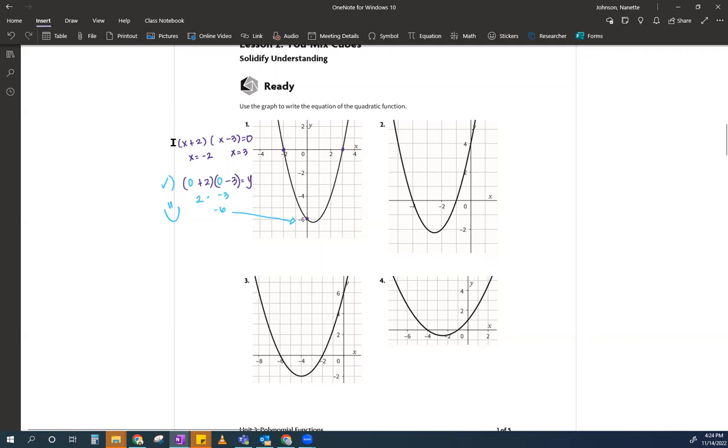The only thing I have to check is if my a is something other than 1. So now what I'll do is plug in this point 0, -6 to see if this works. And when I plugged in 0, I got out -6. So that's my function. Okay, so my function is y equals x plus 2, x minus 3.